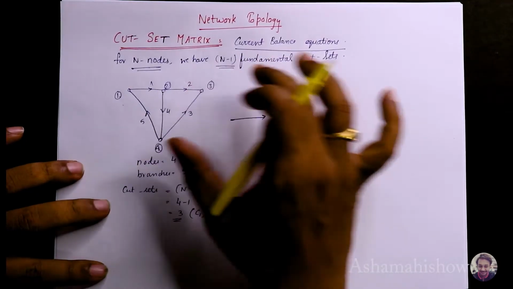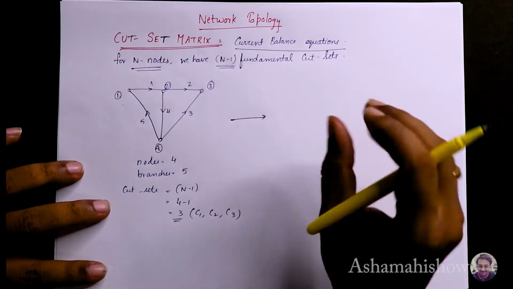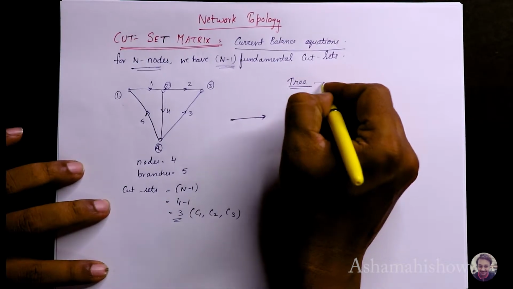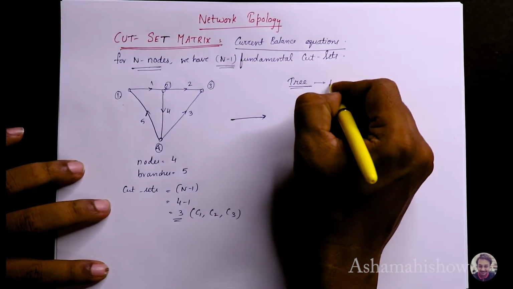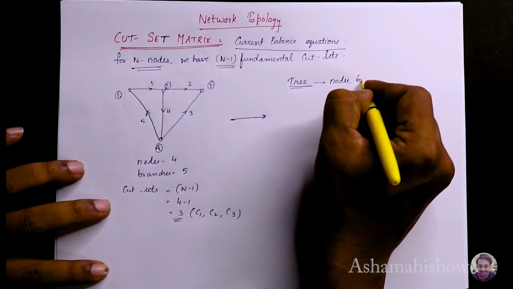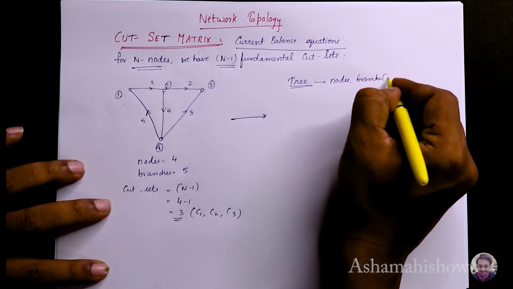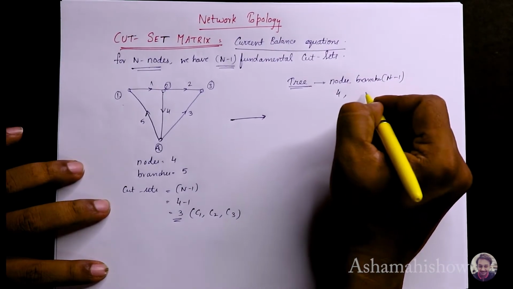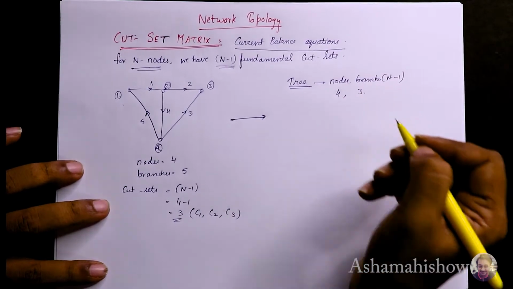Now, like the tie set matrix, you need to select a tree out of it. Now what is a tree? A tree should have the same number of nodes, but the branches will be n minus 1. Your nodes here are 4, so how many branches should you have? 4 minus 1, you should have 3 branches.